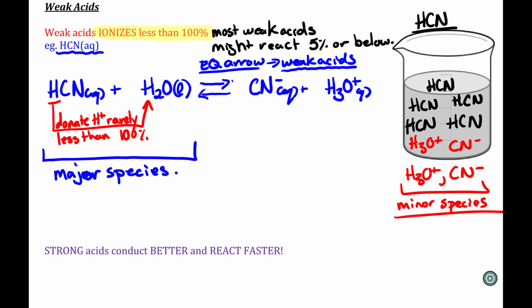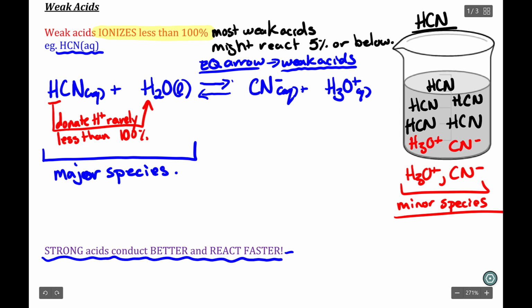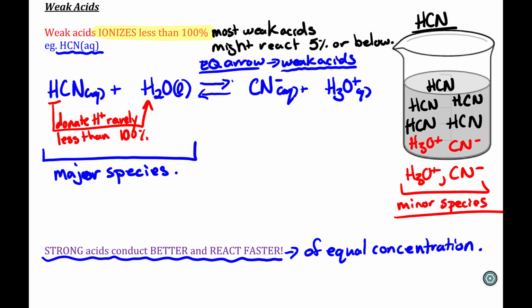Now, stronger acids conduct better and react faster than weak acids of equal concentration for sure. And even if some weak acids have a higher concentration than a strong acid, the strong acid still sometimes reacts faster and actually conducts better.